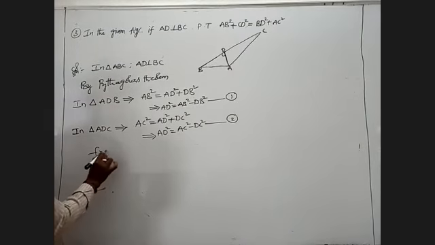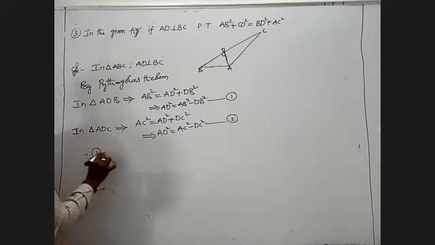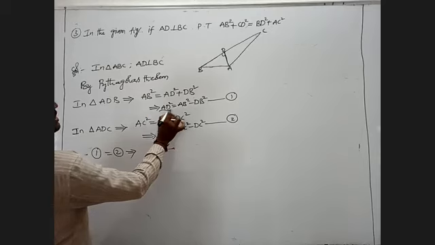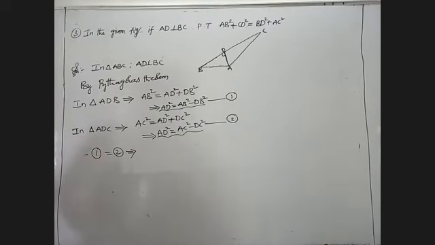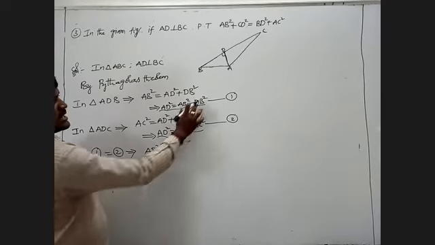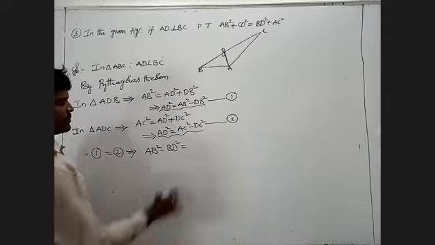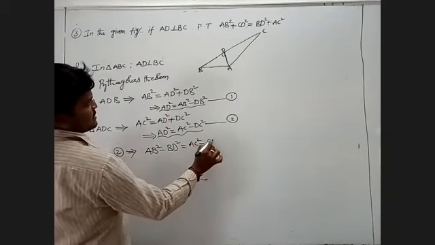From 1 and 2, since both LHS values are equal, both RHS values are also equal. I will write AB square minus DB square, that is BD square, is equal to AC square minus CD square.